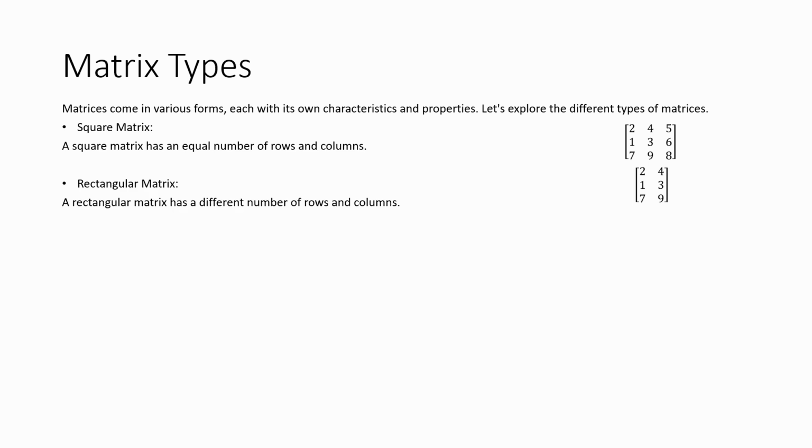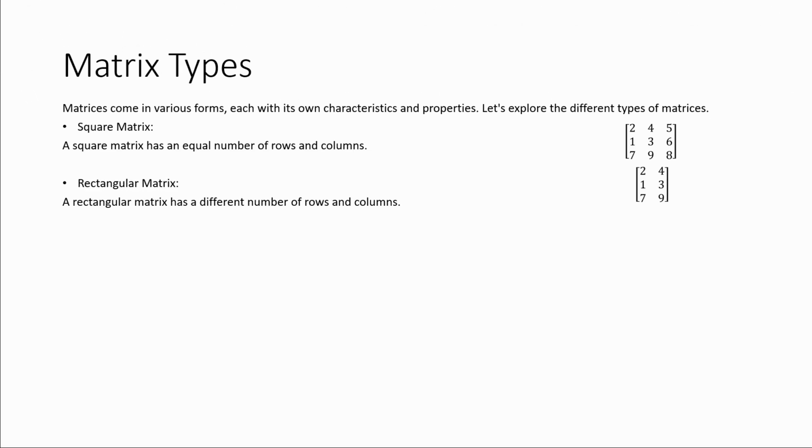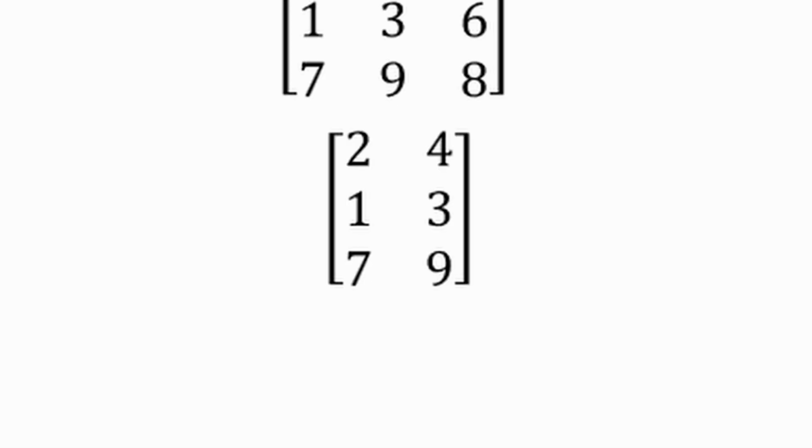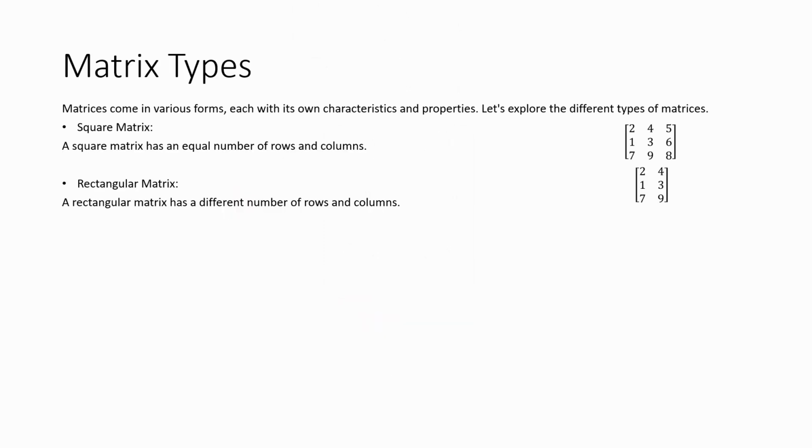There is also a rectangular matrix, which has a different number of rows and columns. Look at that matrix. That is 2 by 3, I think. Am I right? Yes, that's a 2 by 3 matrix.